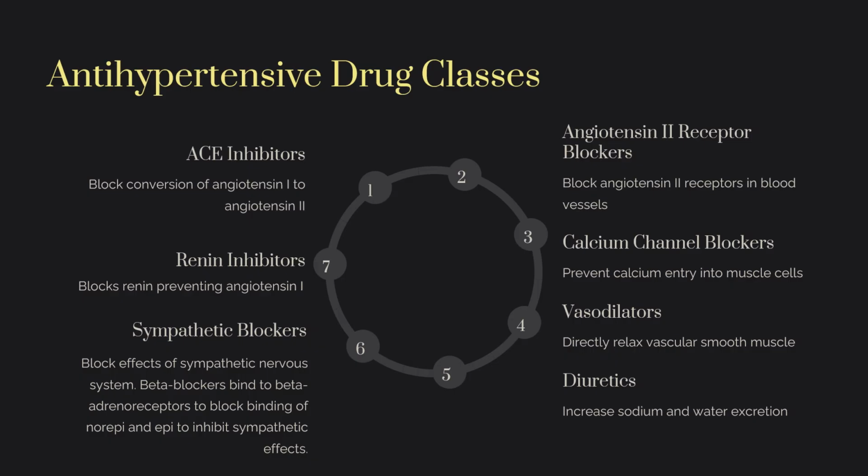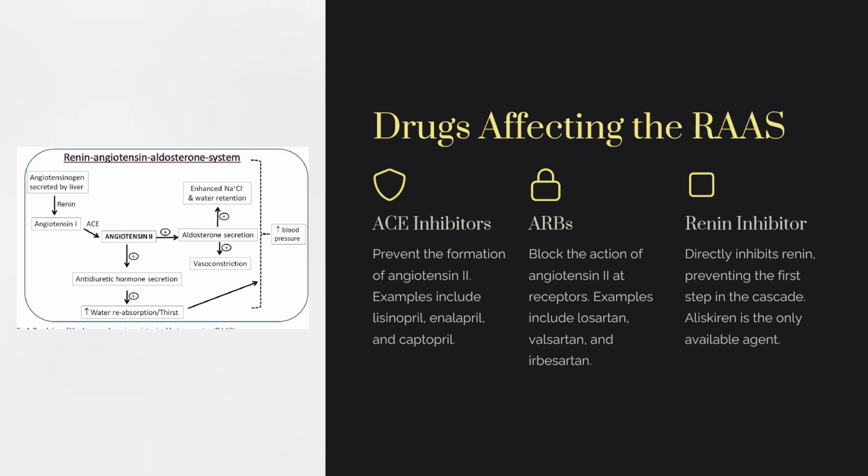And then sympathetic blockers, these are going to affect receptors that block norepinephrine and epinephrine, which cause those sympathetic effects. And so by stopping that, vasodilation isn't occurring. Vasoconstriction isn't occurring, urinary retention, all of those things.